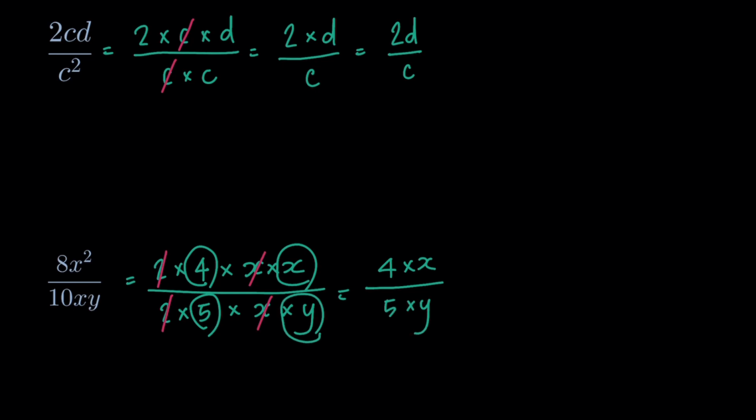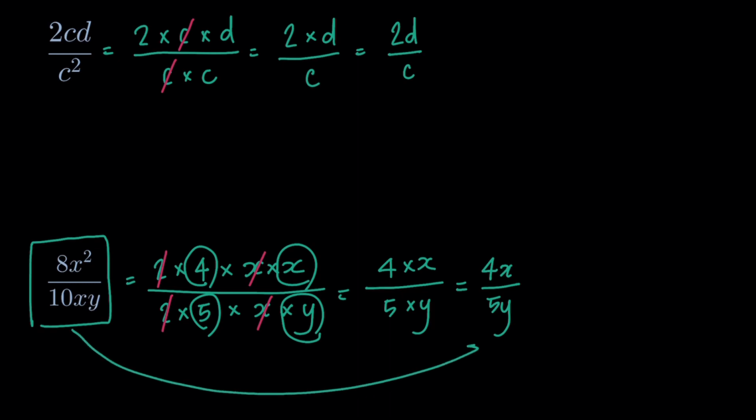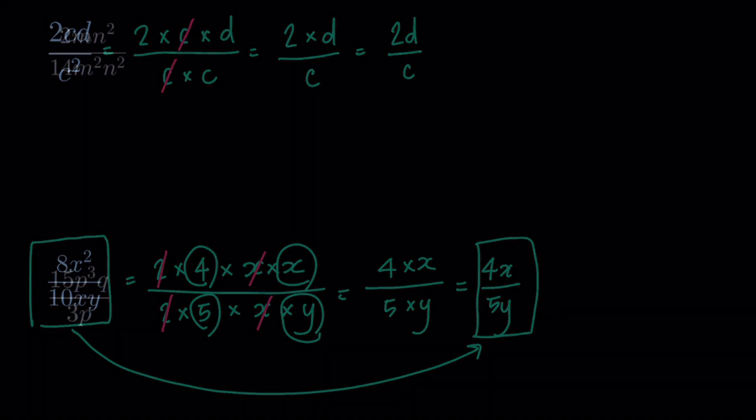And in the end, when you simplify algebraic quotients, you want to omit writing the times sign. So you can just write it as 4x over 5y. So 8x squared over 10xy is simplified to 4x over 5y.